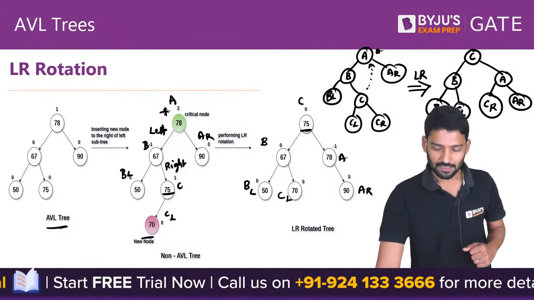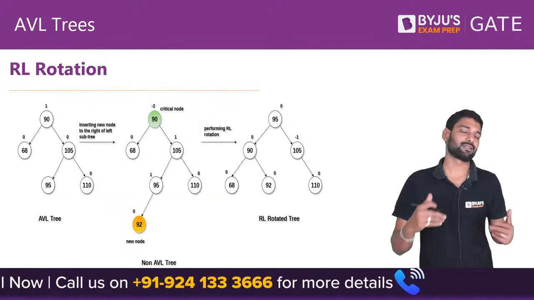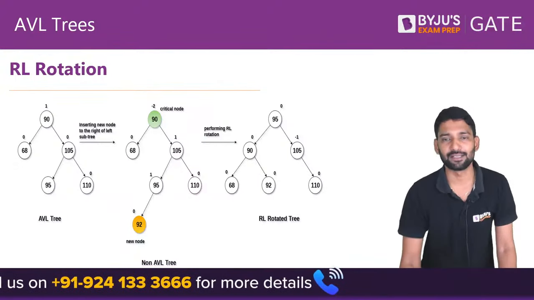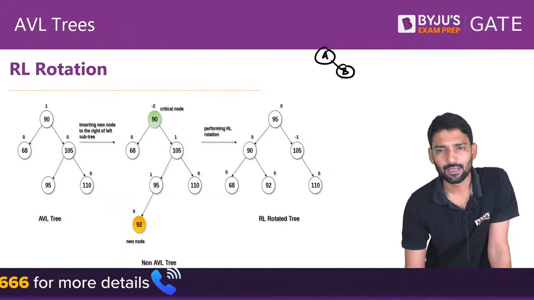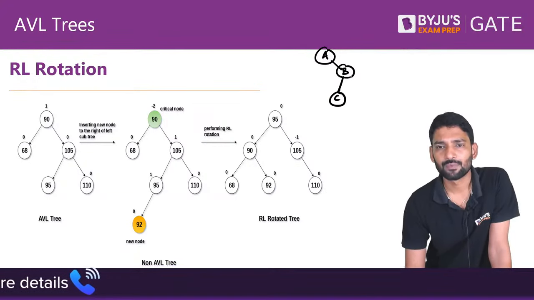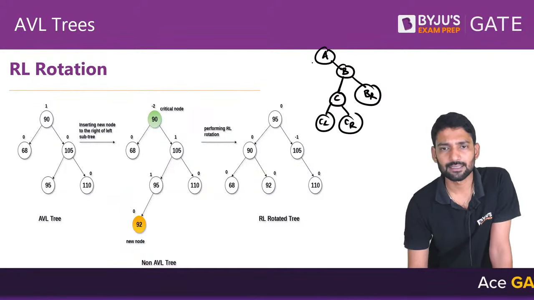Similarly, now RL rotation. After these three rotations, now you can understand what RL rotation is. A's right child is B, B's left child is C, B has its own right subtree, C has its left and right subtrees, and A has its left subtree.